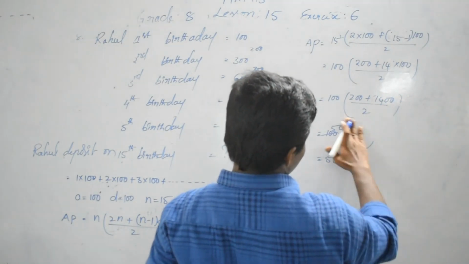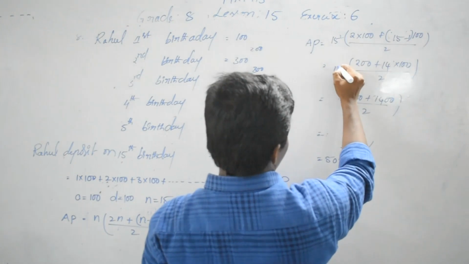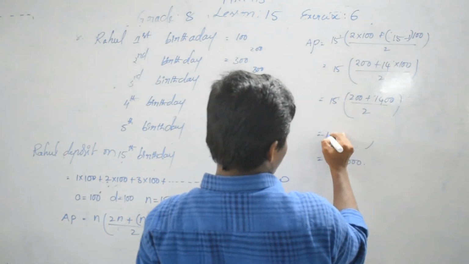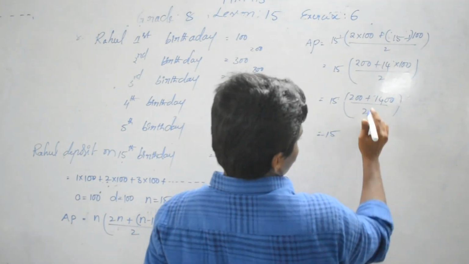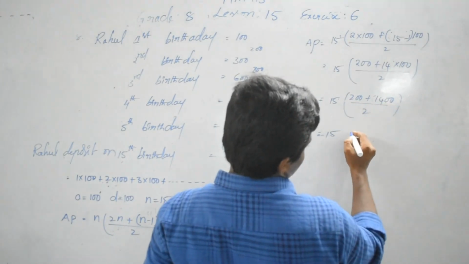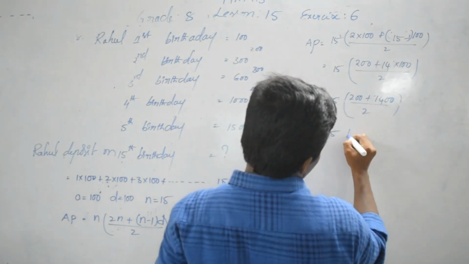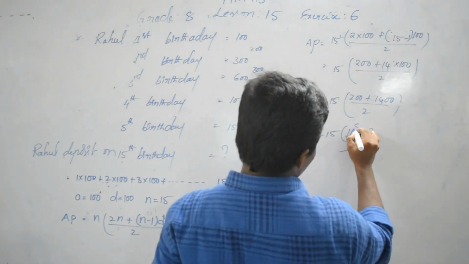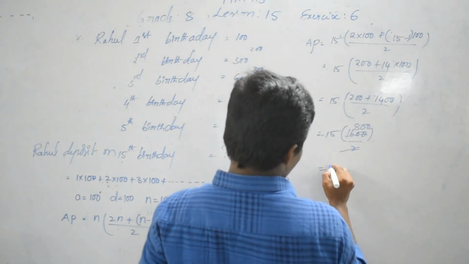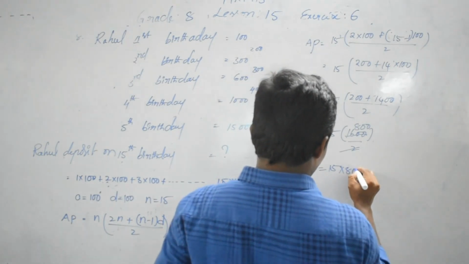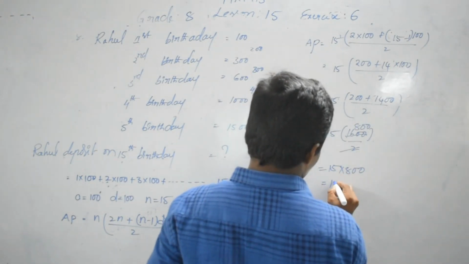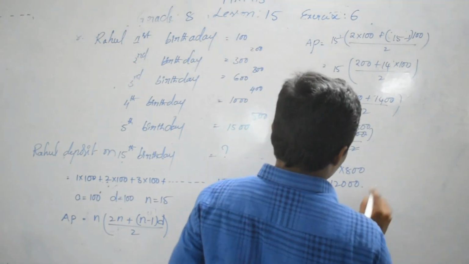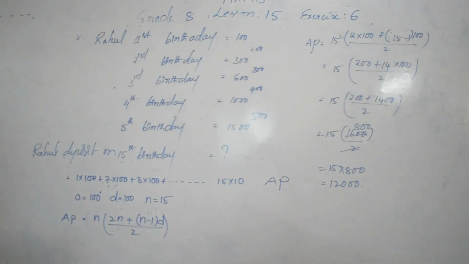Total here 200 plus 1400 is 1600 by 2, that is 800. So 15 times 800, 15 times 8 is 120, so 12,000 finally.